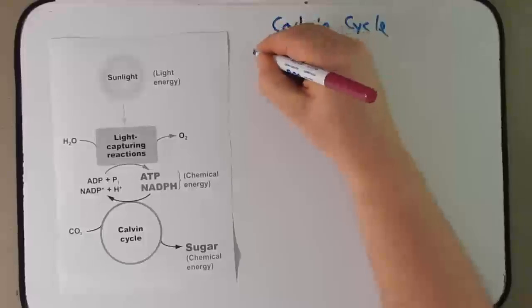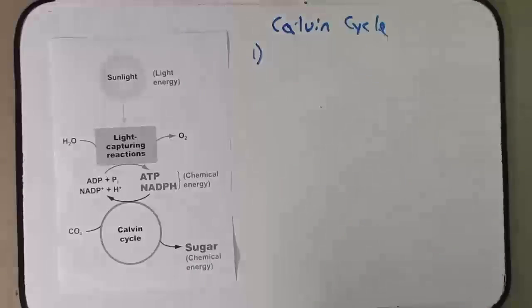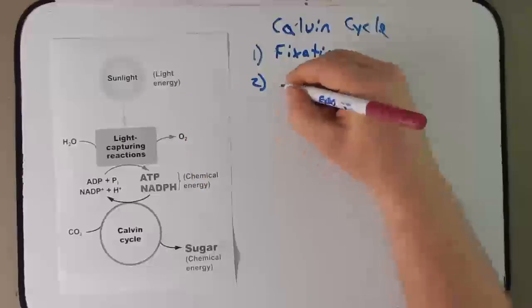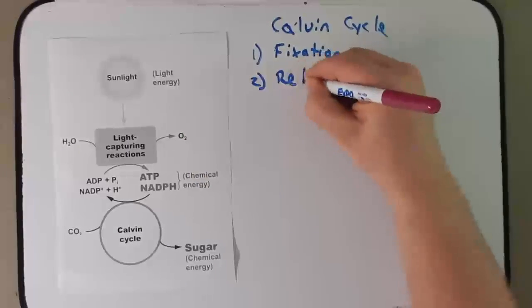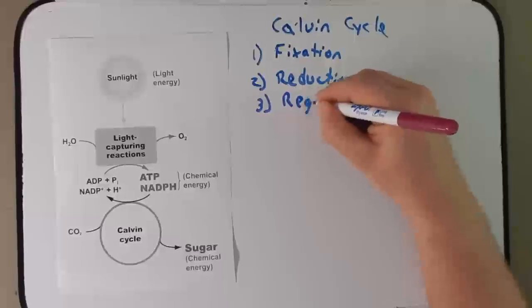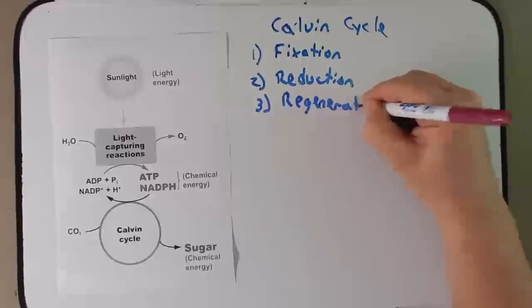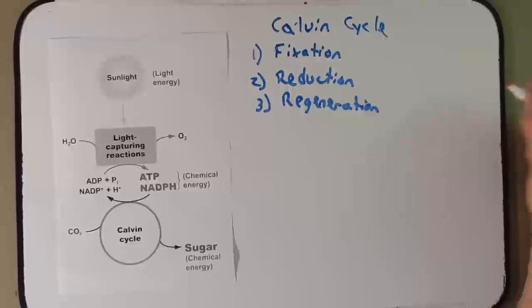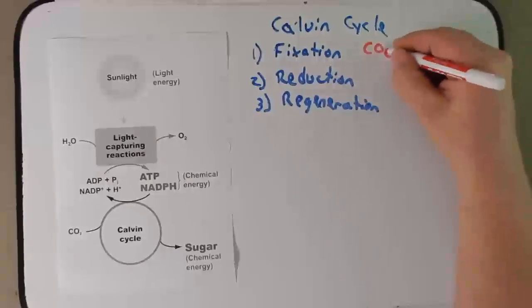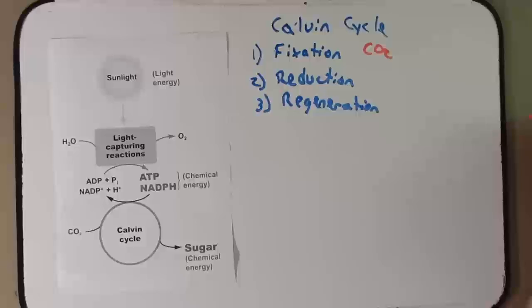And to do that, the Calvin cycle has a fixation phase, a reduction phase, and a regeneration phase. The fixation phase, as we'll see in a moment, involves using carbon dioxide and fixing it to molecules in the Calvin cycle.